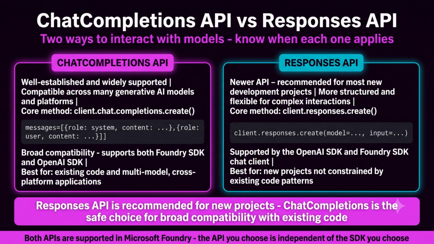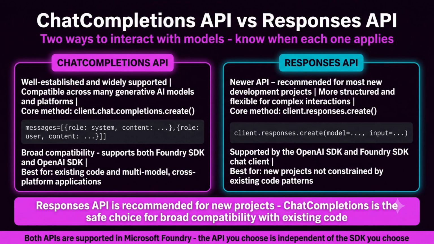The second is the responses API. This is the newer of the two, and Microsoft recommends it for most new development projects. It offers more structured and flexible response handling for complex interactions. If you are starting a brand new project without existing code constraints, the responses API is the forward-looking choice.